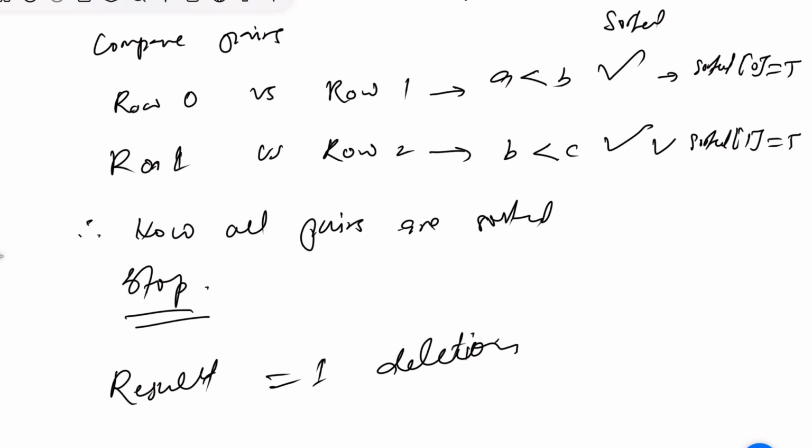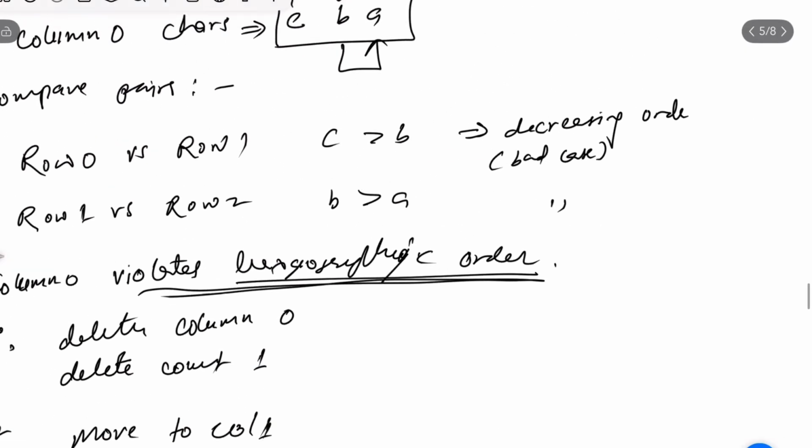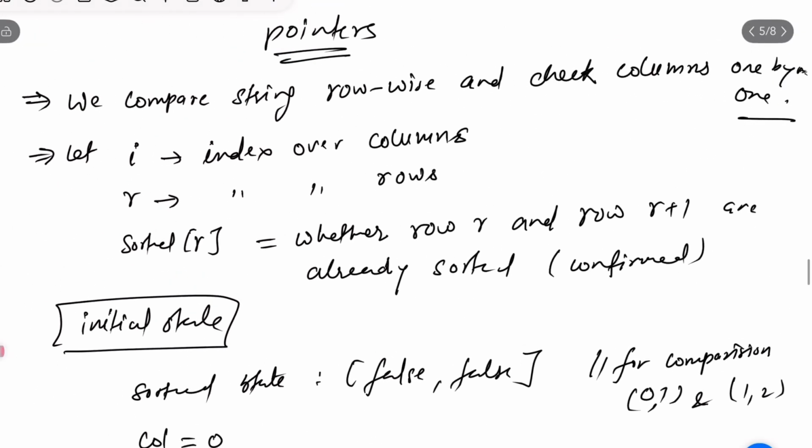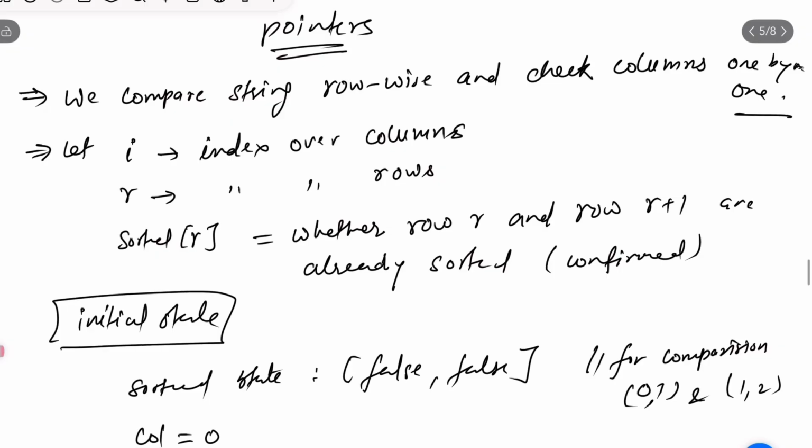1 deletion. So this way we can implement the things, right? As we have seen, what we need to do: very first we will compare the strings row wise and check column by column.